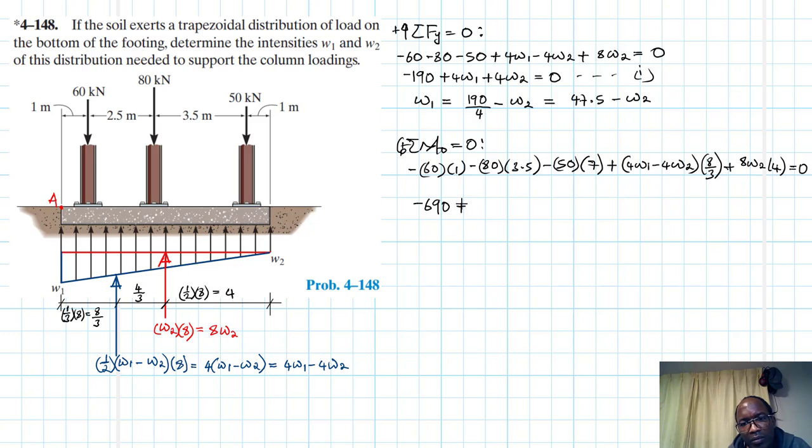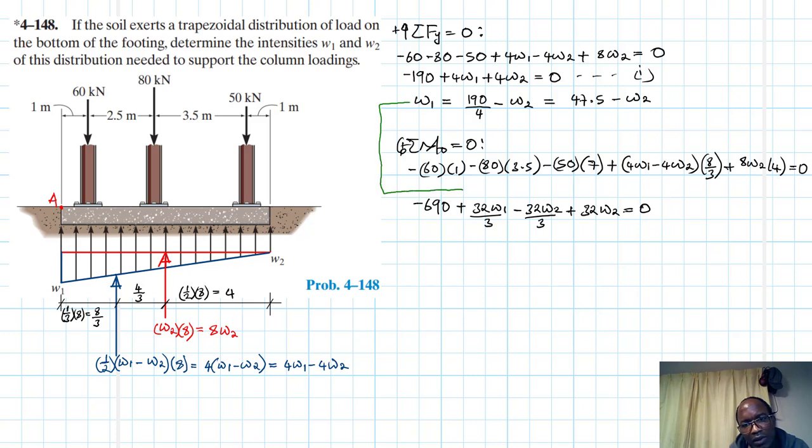And then we have a plus 4W1, which becomes 32W1 divided by 3, and a minus 32W2 divided by 3, and a plus 32W2 equal to 0. So we are going to replace the value of W1 that we just found.